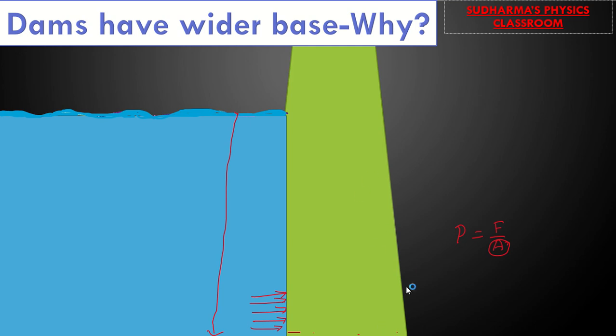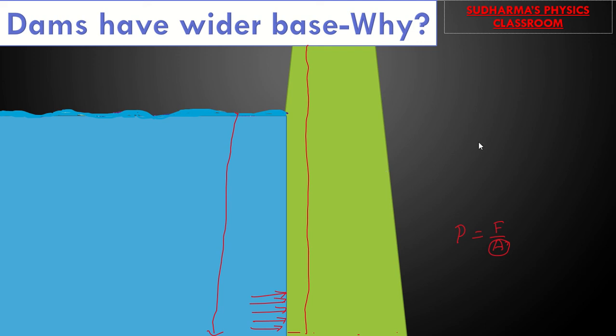Otherwise, if this dam has a narrow base, if it has only a single width throughout, what happens is at the bottom of the dam, more pressure will be exerted and the dam will collapse, because it's going to be a huge force applied on a smaller area. Okay, so this is the reason dams have a wider base.